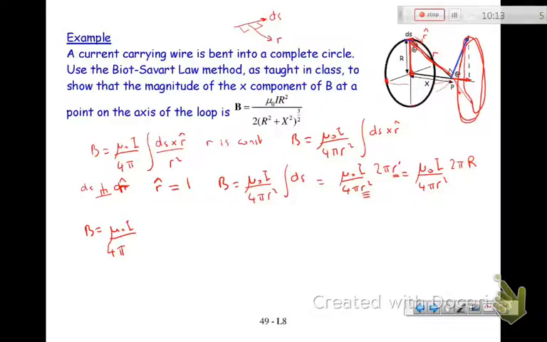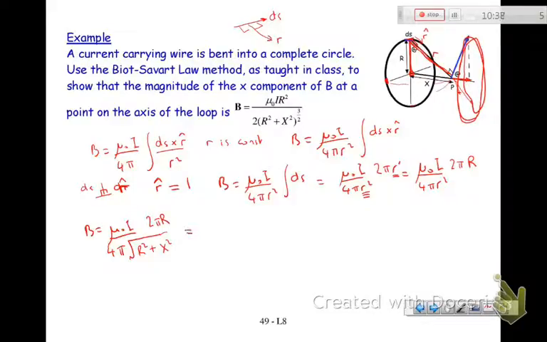This r squared. Oh, Pythagoras! It is constant, but it's given by r squared. Yeah, that's going to be times the square root of R squared plus x squared, times 2 pi R.